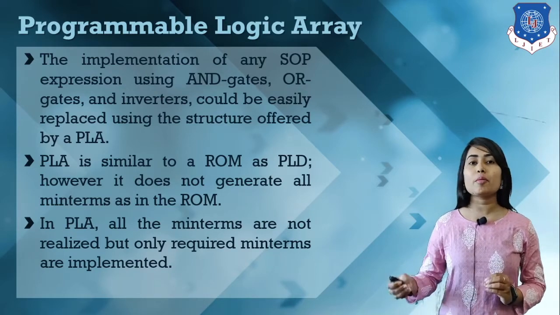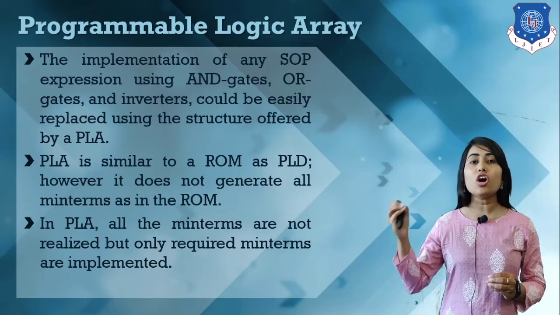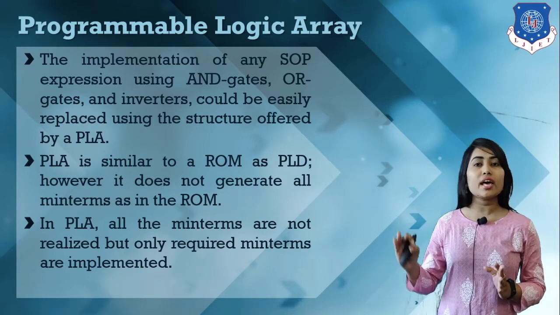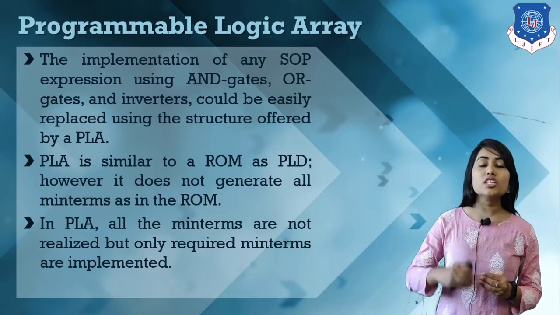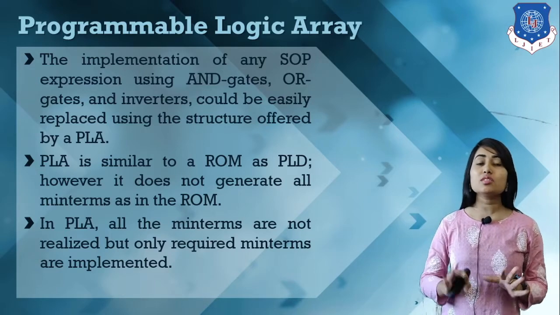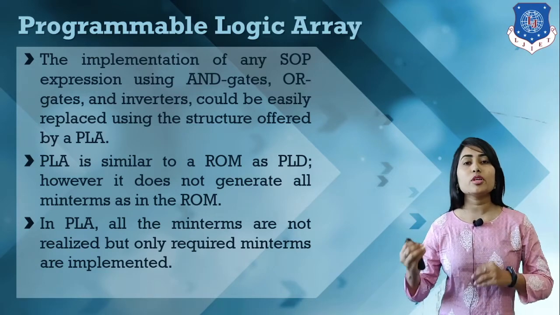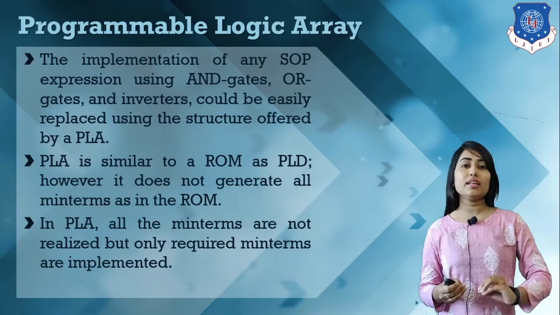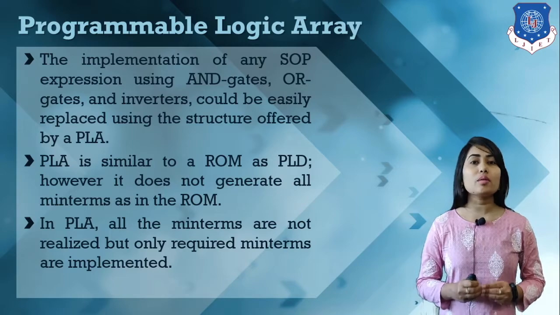In a ROM as a PLD, all the minterms are present, and depending on our requirements we can connect them. But here we have only the required minterms, that means only the required product terms. In a ROM we have all the product terms, while in a PLA we have only the required product terms. So this is our programmable logic array.